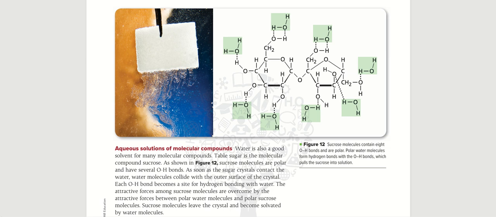Electronegativity means it can attract the electrons towards it. Attracting them means making a partially negative charge, and the hydrogen will have a partially positive charge, so it will make hydrogen bonds with water. Making this hydrogen bond with water makes it dissolve.